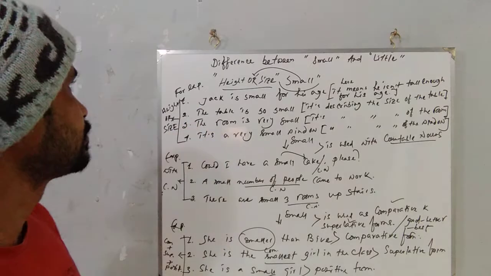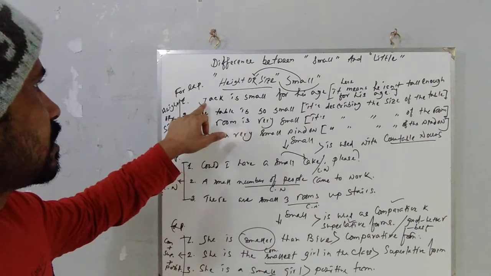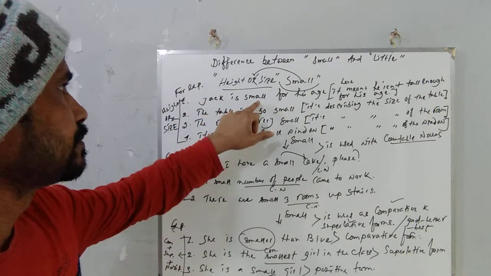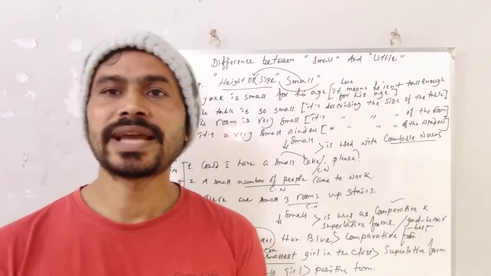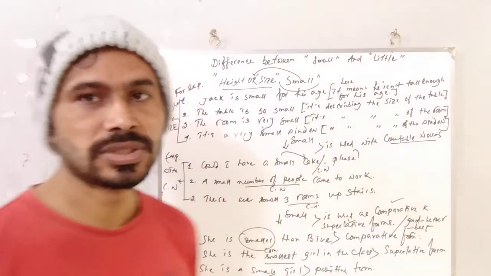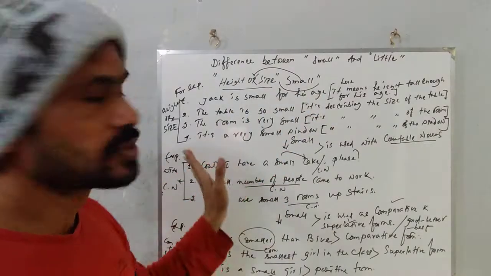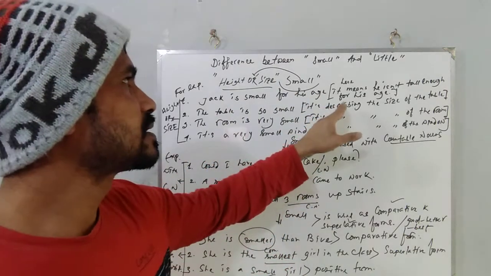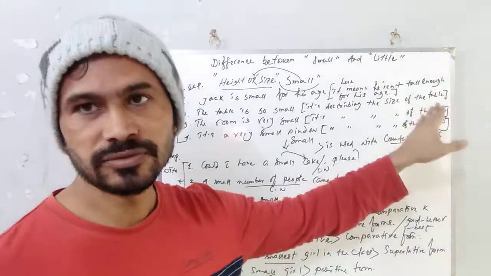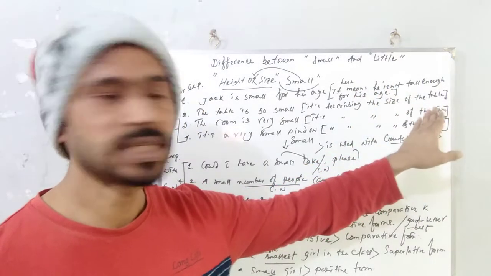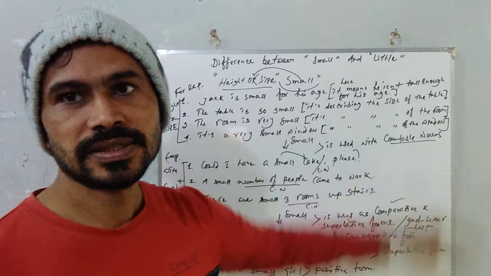Number one, Jack is small for his age. It means he isn't tall enough for his age.